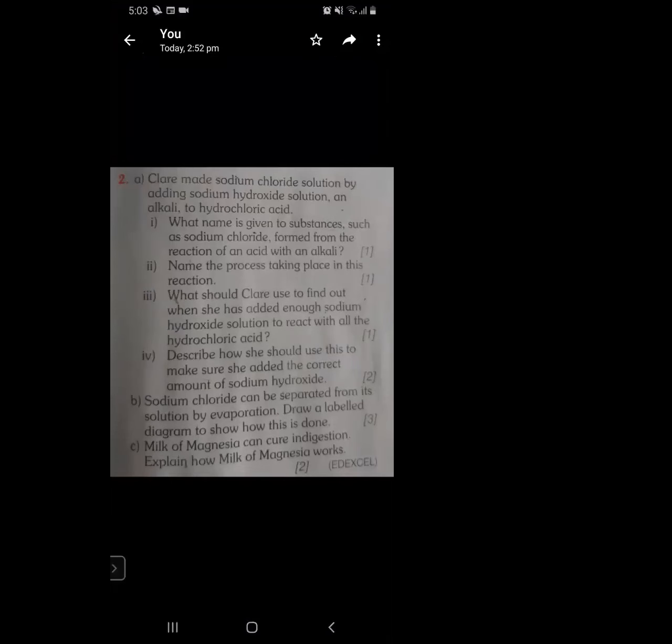Part 4, describe how she should use this to make sure she added the correct amount of sodium hydroxide.